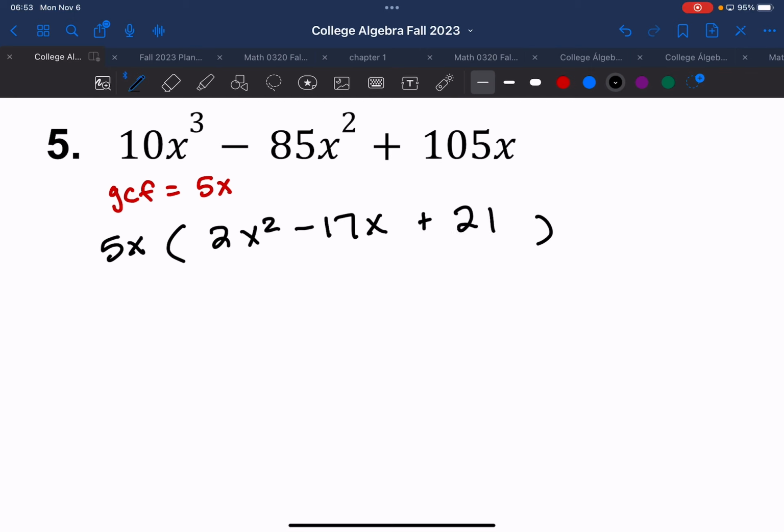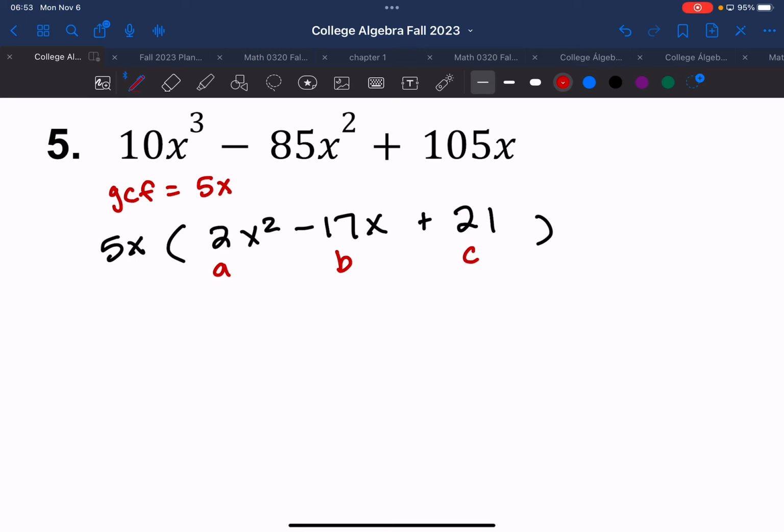Now look inside the parentheses. Does this look like a quadratic equation? Yes, and it is in standard form. So for now, we're going to ignore the GCF. We'll come back to it later, but we're just focusing on what is inside the parentheses. So if I label my A, B, and C, my first step is to do what?